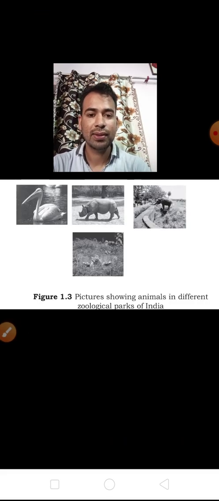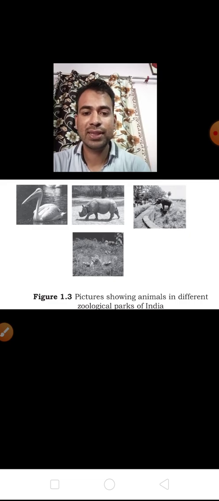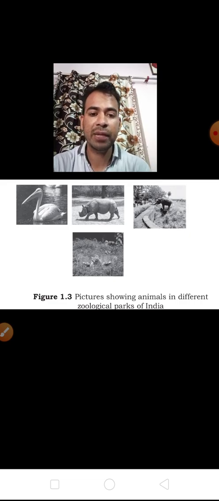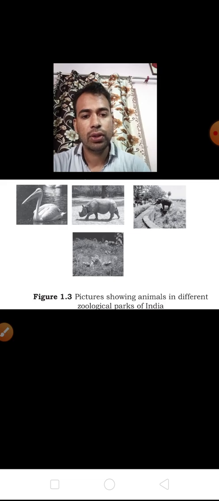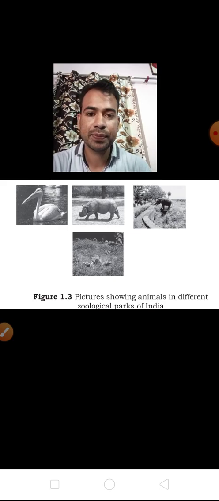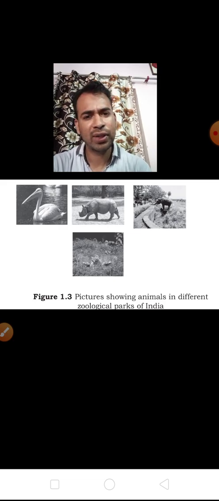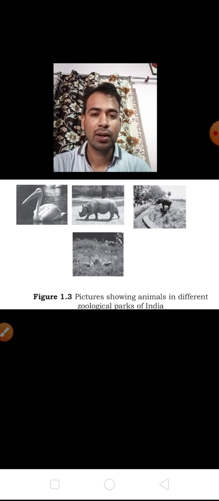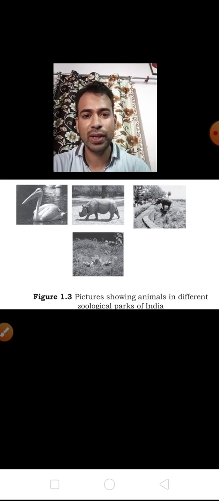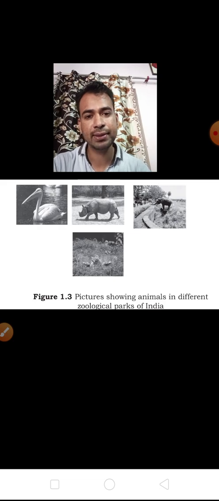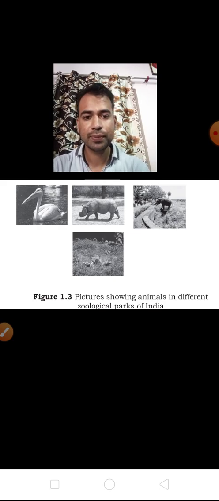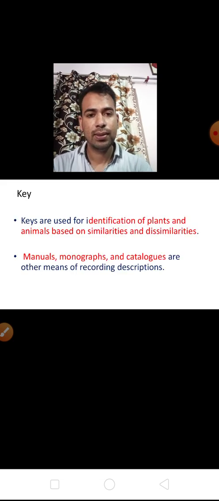Clear? In this picture you can see the animals in different zoological parks in India. In our syllabus, zoological parks, botanical gardens, and museums are not covered in detail. We have just an introduction. Last, key.